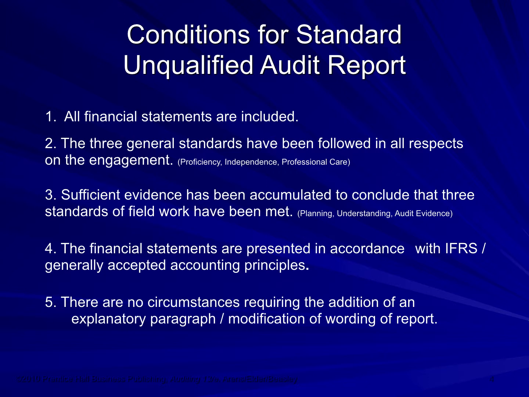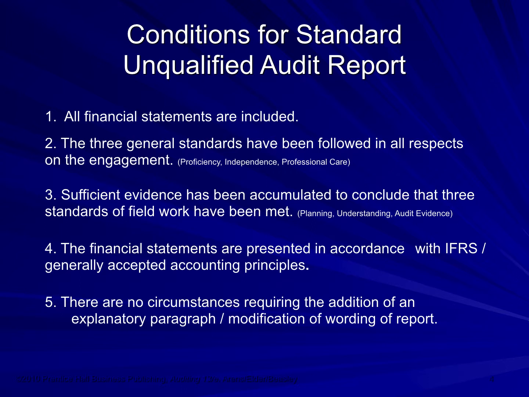Number 3, sufficient evidence has been accumulated to conclude that the 3 standards of field work have been met. Now we're talking about the field work standards. It means that the auditor was able to corroborate sufficient appropriate audit evidence to do a complete audit.